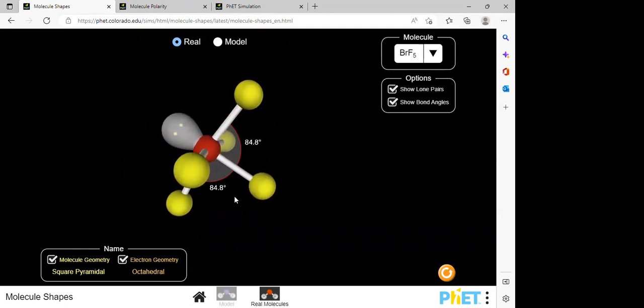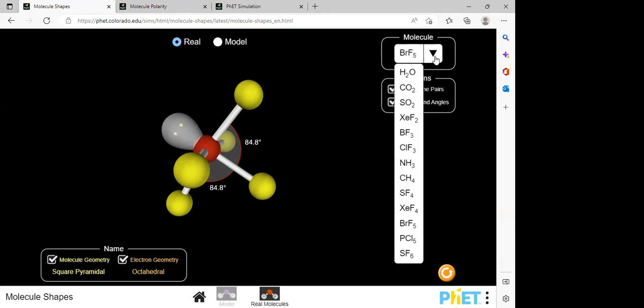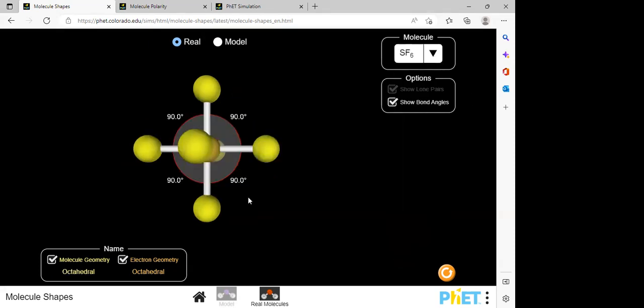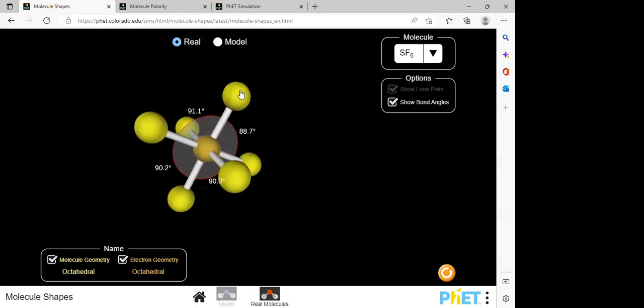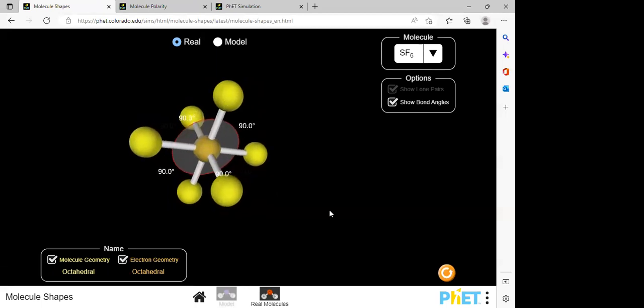Is this going to be polar or non-polar? Polar for sure. That can't cancel out. Just looking at it, you can see it can't cancel out. But if I go down to this, SF6, polar or non-polar? Can everything cancel?